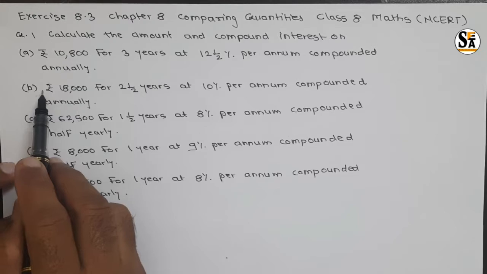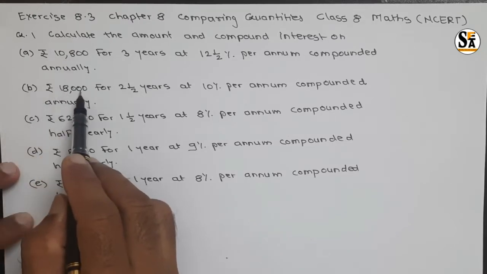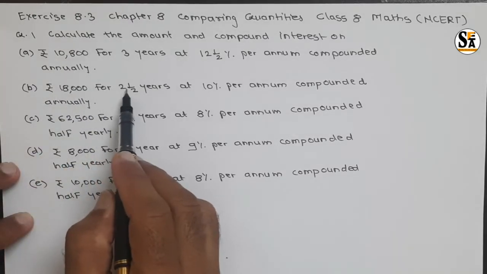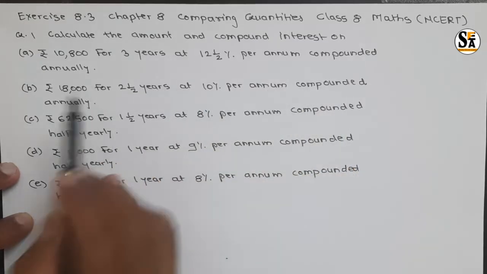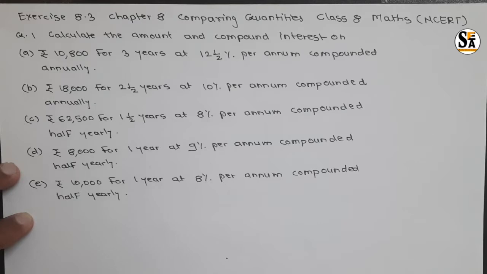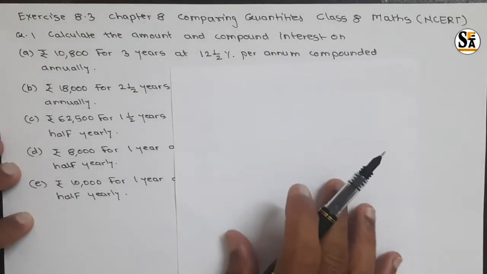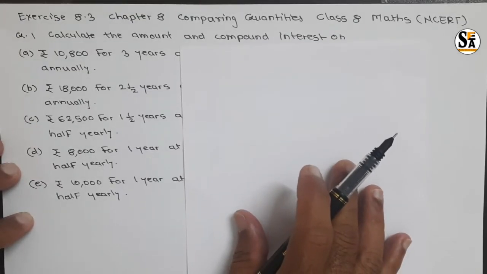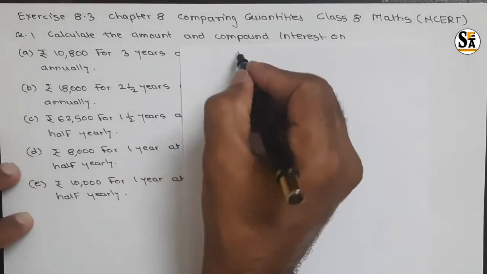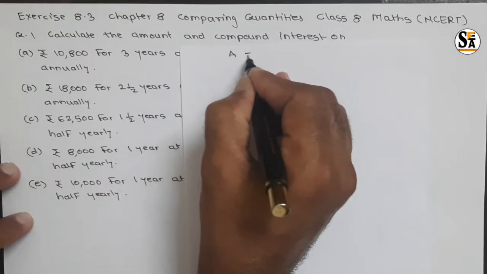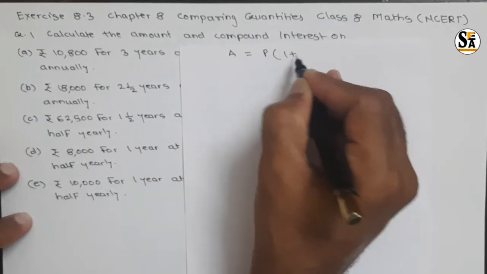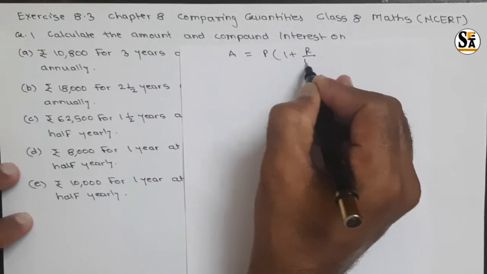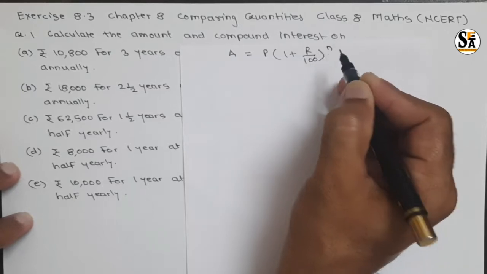Now see the B part. Rupees 18,000, this is the principal given for 2.5 years at 10% per annum compounded annually. Here also we will do the same calculation. We know the formula, that is A equal to principal P into bracket 1 plus R divided by 100 bracket raised to n.